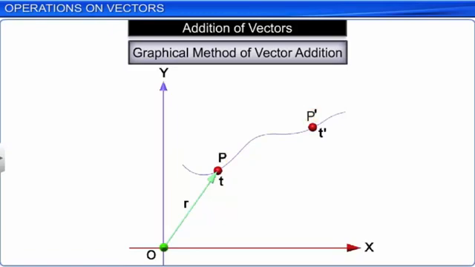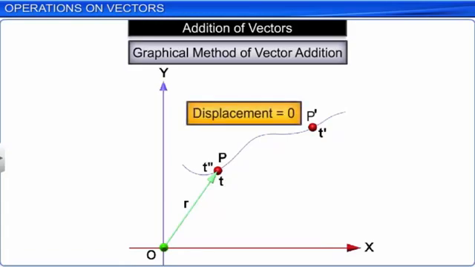From time t dash to t double dash, it moves back from position P dash to P. The displacement of the body during the time interval t to t double dash is 0, as the body has returned to its initial position. Its displacement is thus represented by a null vector, which is just a point with 0 magnitude and without any arrow.